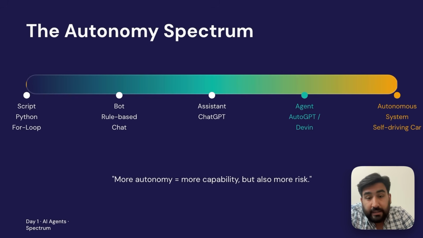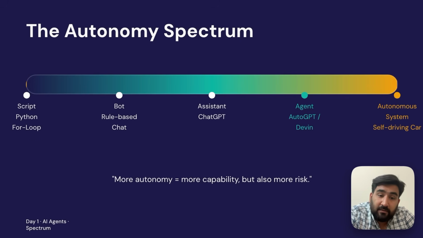Now, if you move a little further towards the right, it is where the word agent really starts to apply. Things like AutoGPT or coding assistants that actually run the code on your behalf without asking for permission for every line.